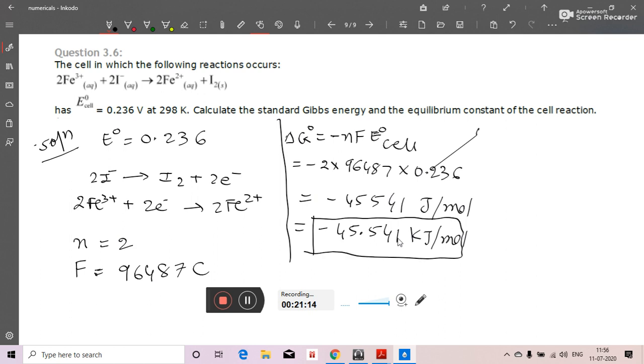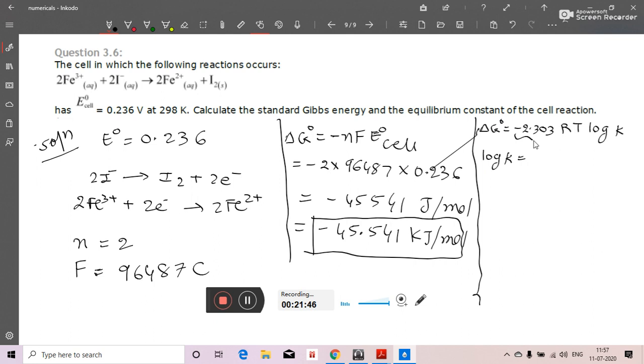Now we have to find out equilibrium constant from delta G naught. Now delta G naught equal to minus 2.303 RT log Kc, or we can say log K. Now we have to find out K. So first of all we will find out log K. Now this whole will go on the left hand side.